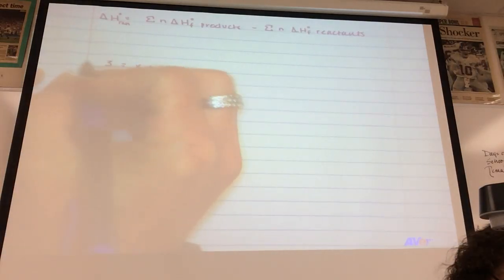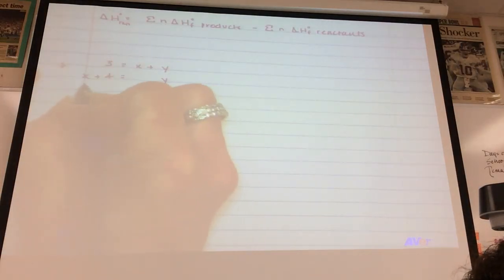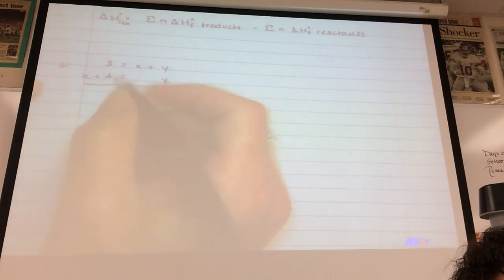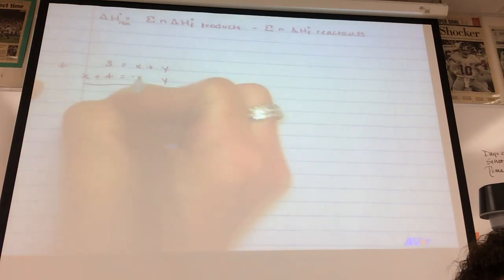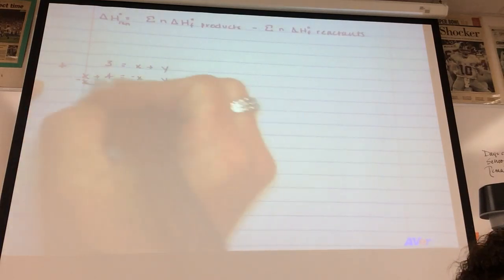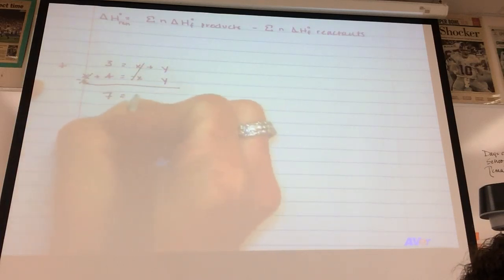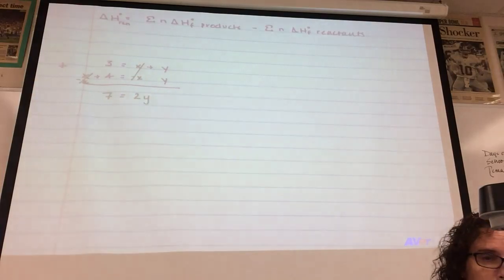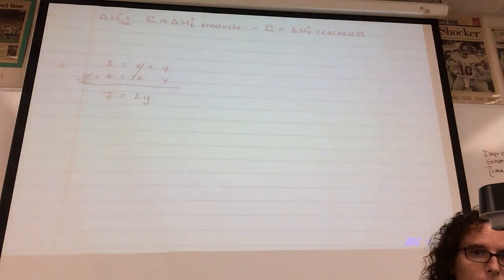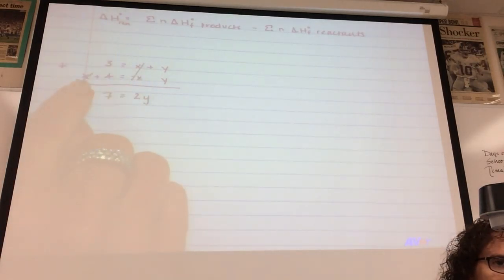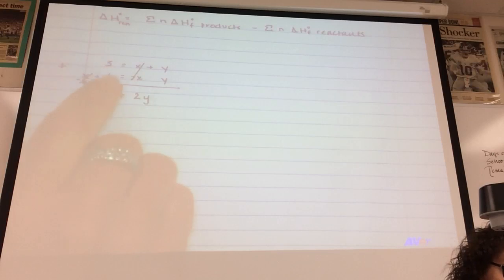If you summed these two equations together, these x's would cancel. If you don't see it, you could subtract x from this side, and then you see the cancellation. 7 is equal to 2y if I add the two equations together. So if you have the same substance with the same coefficient on opposite sides of two equations, they will cancel.